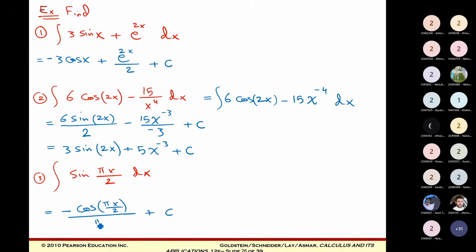No, pi over 2. This is the coefficient, pi x over 2. This is the coefficient of x, pi over 2. So after simplifying, the denominator of the denominator goes to the numerator. So we have minus 2 cosine pi x over 2 over pi plus c.